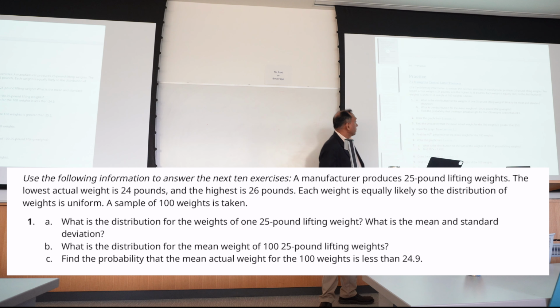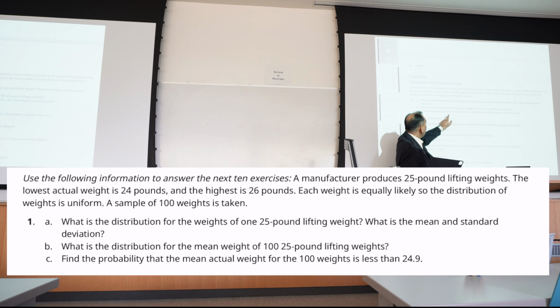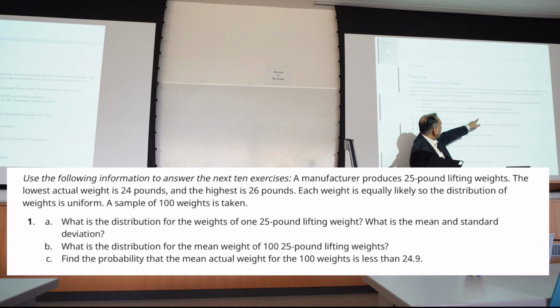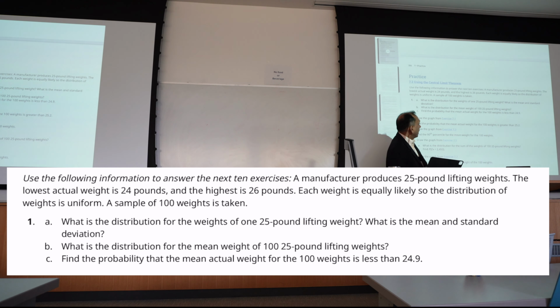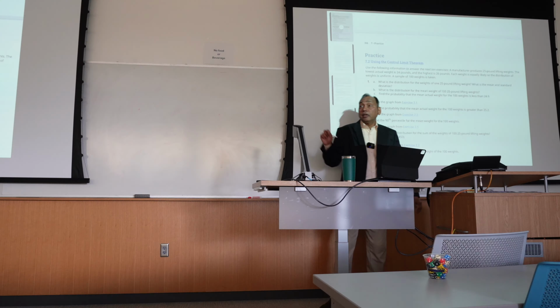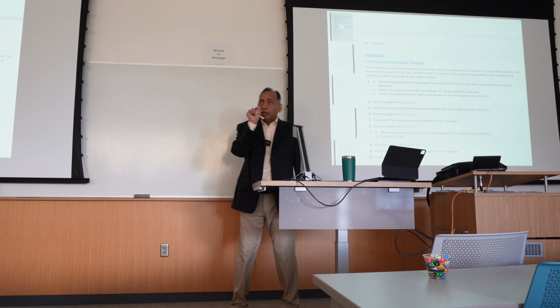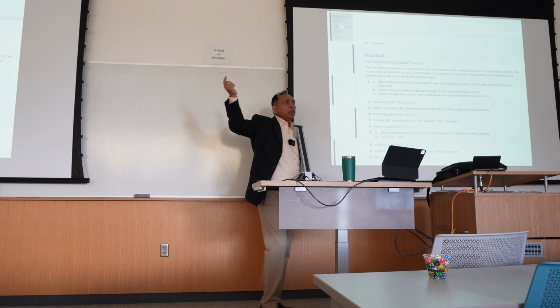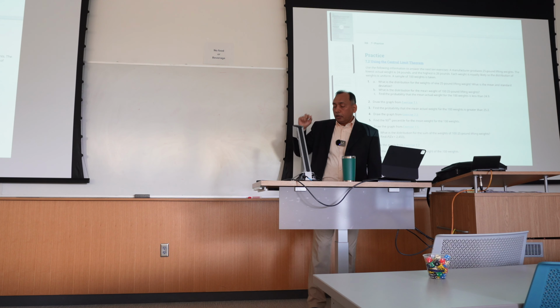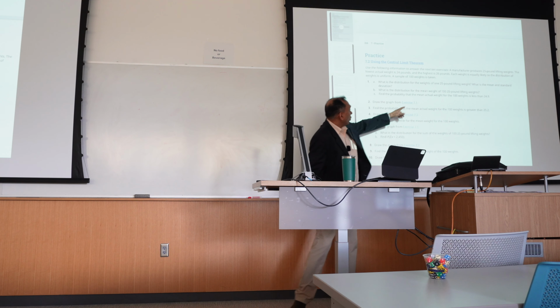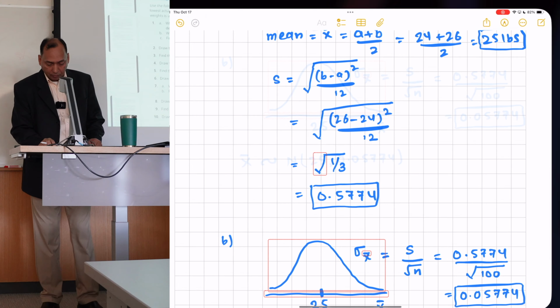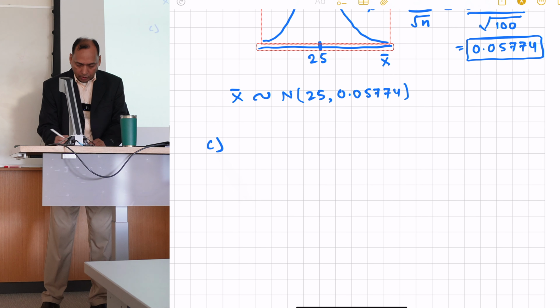Part C says, find the probability that mean actual weight for the 100 weights is less than 24.9. So the question is being asked in terms of mean. If they were asking a question for individual values, we use uniform distribution. But the question is about mean, so we have to use normal distribution.